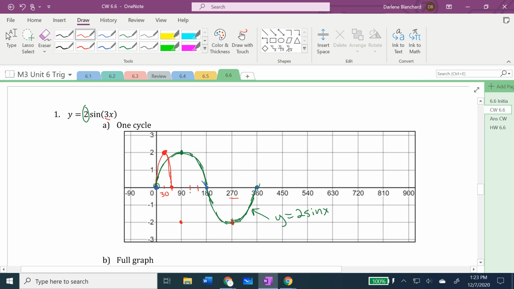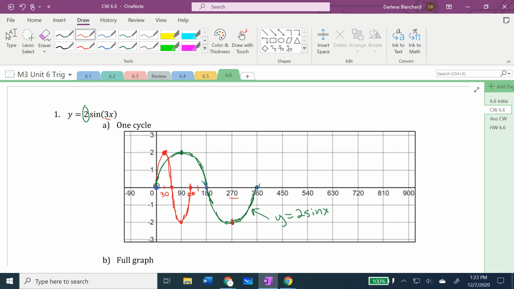And 120 is going to be this spot right here that is 1/3 of the way through. And now I'm going to draw the little bowl of cereal. And I've got one cycle. So what is drawn in red is the final graph, only one cycle of it.